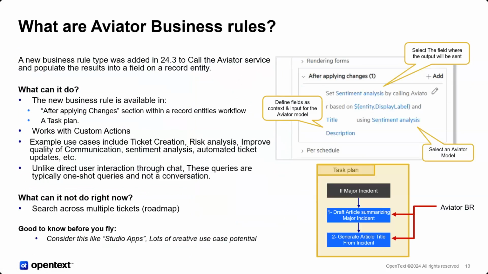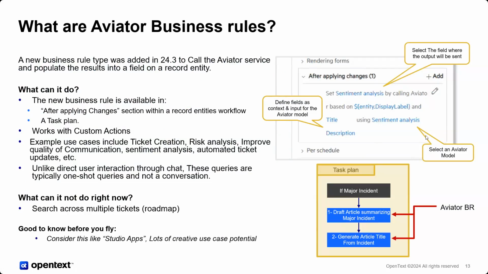So that's Aviator models. And the other part that we need when we're talking about AI enriched workflows are business rules. Aviator business rules are the ability to call the Aviator service and populate a field with appropriate results.